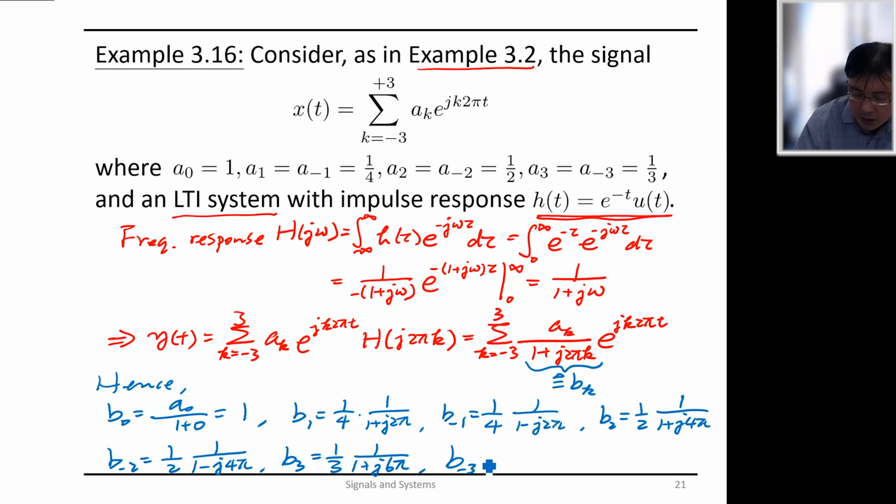And b minus 3 is 1 over 3 times 1 over 1 minus j 6 pi.